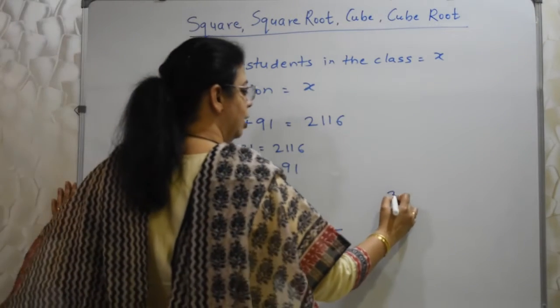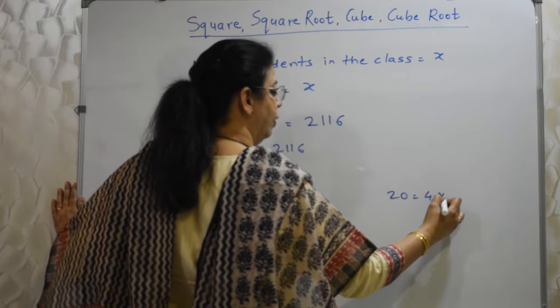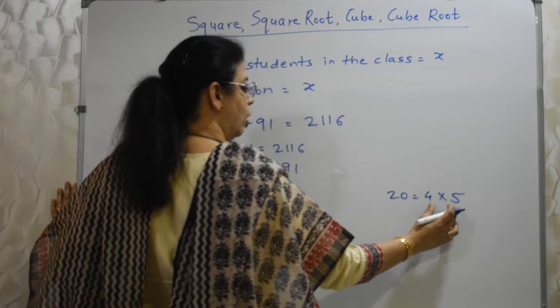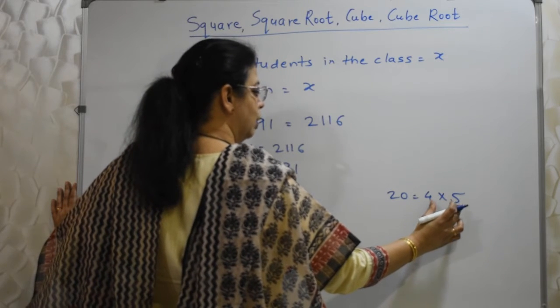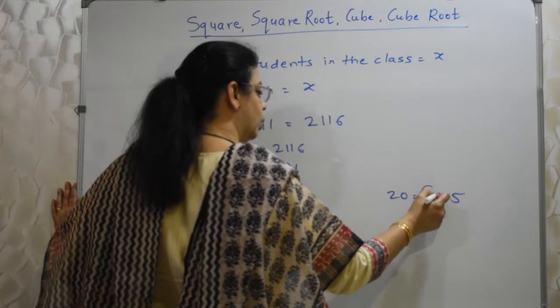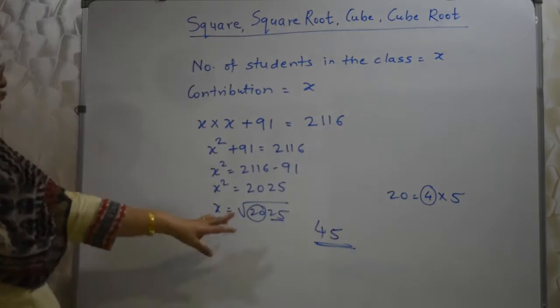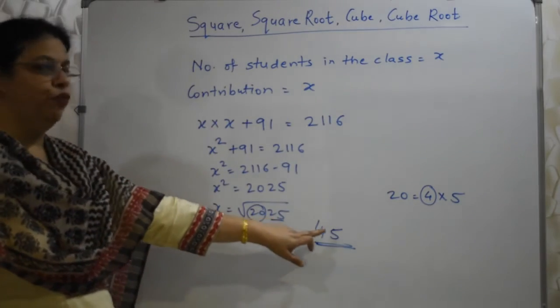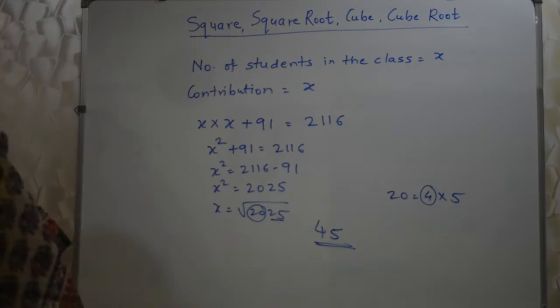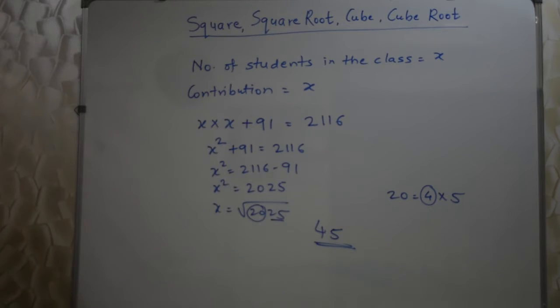For example, 20 is equal to 4 into 5, isn't it? They are consecutive. So I have found out the pair which is consecutive. उसमें से छोटा number इसको attach कर दो. Our answer is ready. In short, the square root of 2025 is 45. This is the quickest method to find the square root of a square number with 25 at the end.